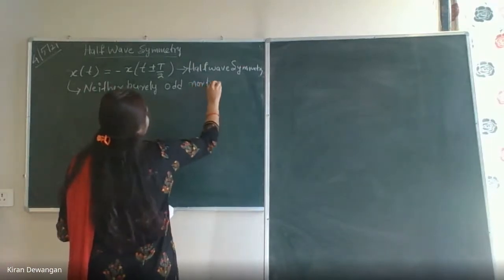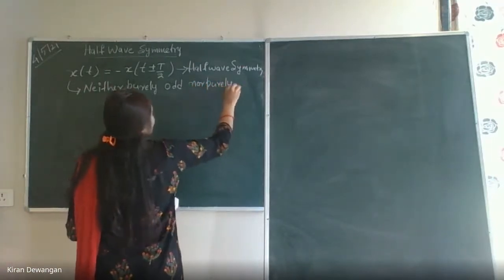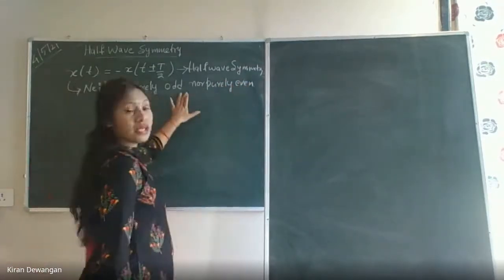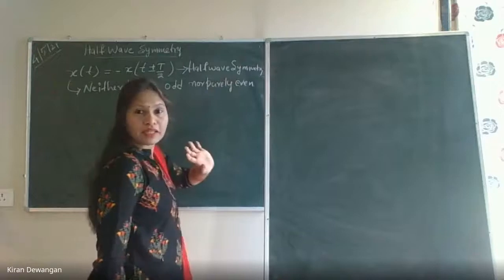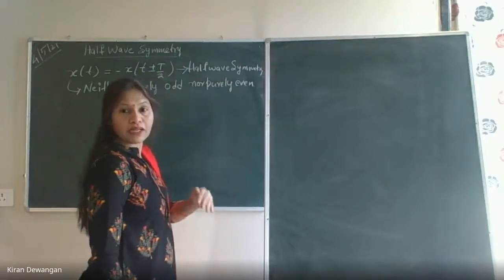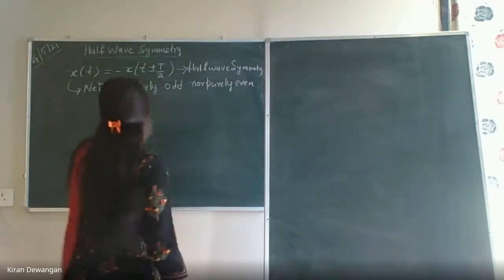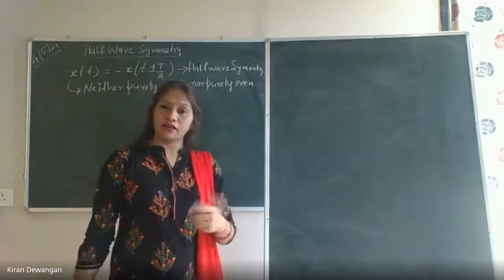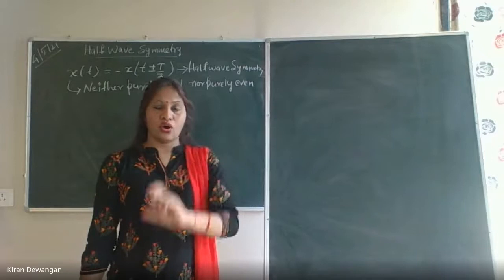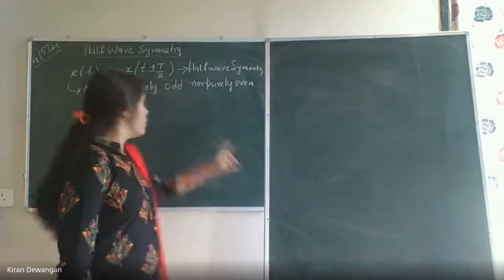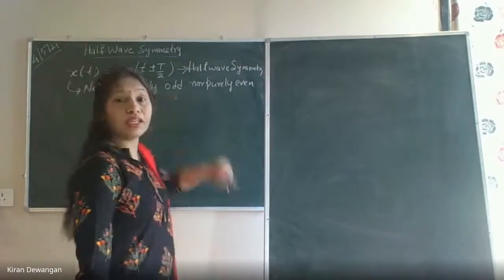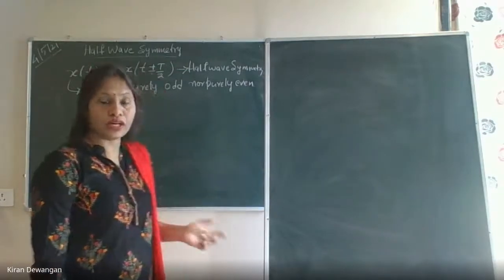It will not be completely odd, nor completely even. So this condition is very different. If it is odd, we directly get the picture that it is odd symmetry, or even symmetry. But in this kind of wave symmetry, it will be neither purely odd nor purely even.